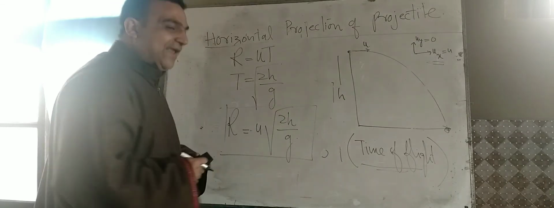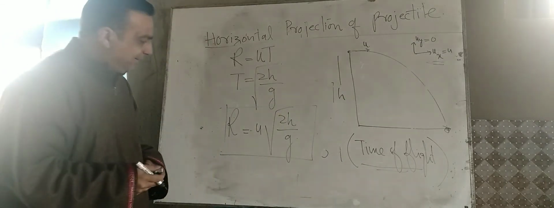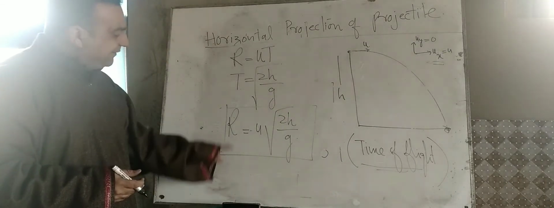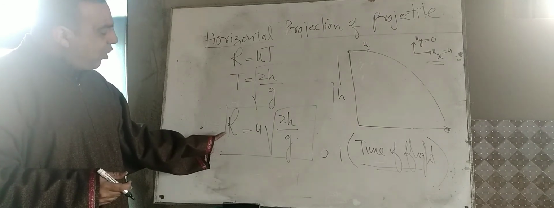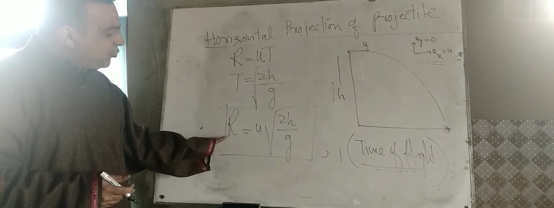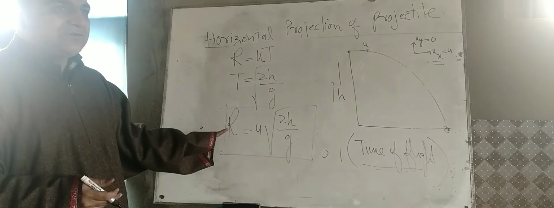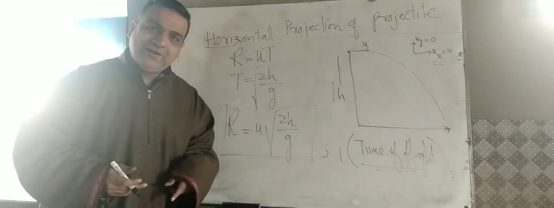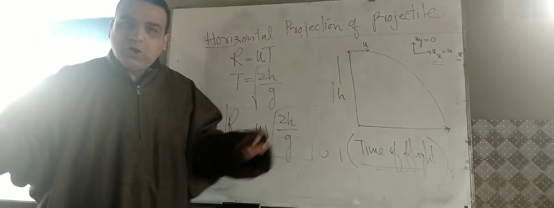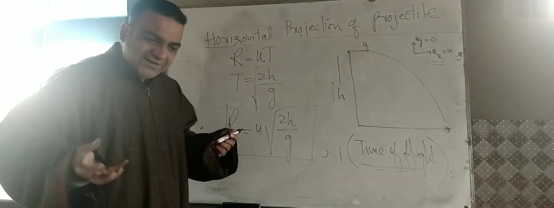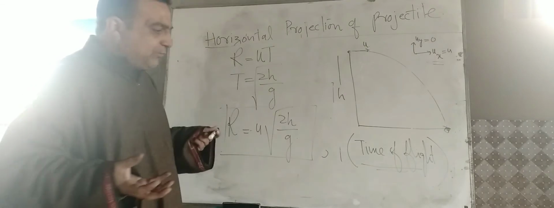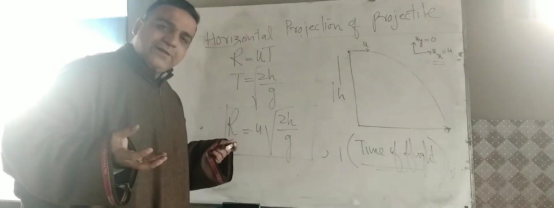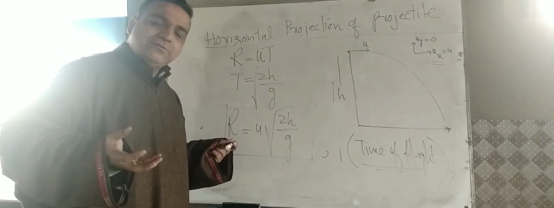Now see, the same conclusion is coming here, that the range of a projectile does not depend on its mass. You bring two objects. One object has a mass of 10 kilos, another object has a mass of 100 kilograms.